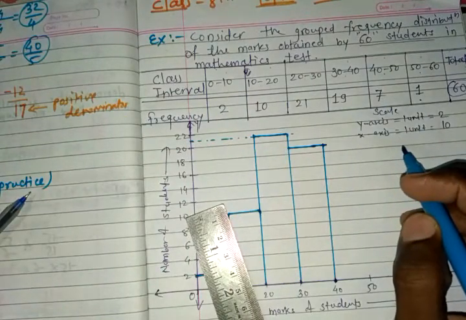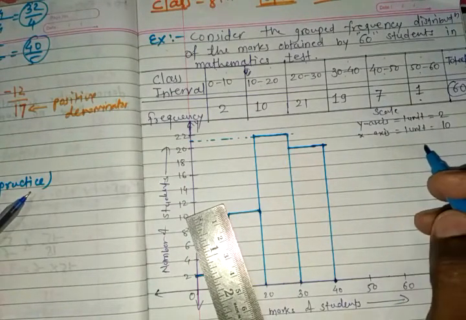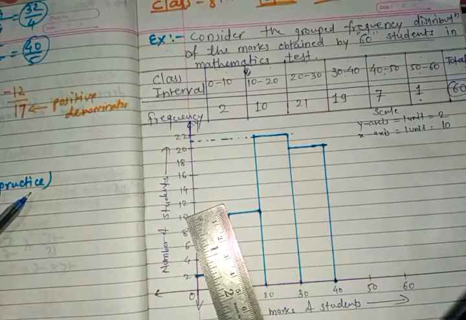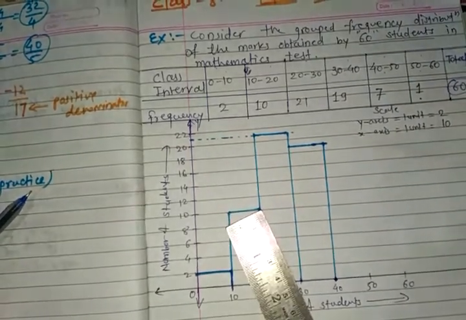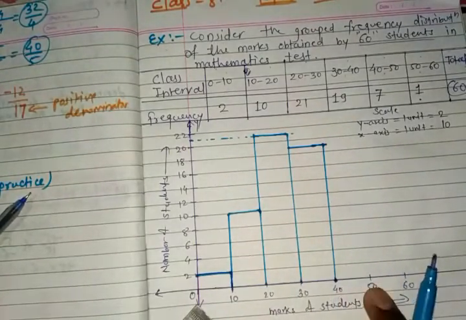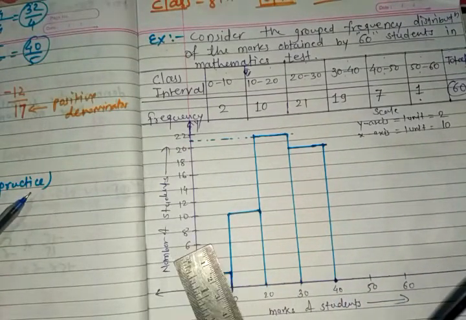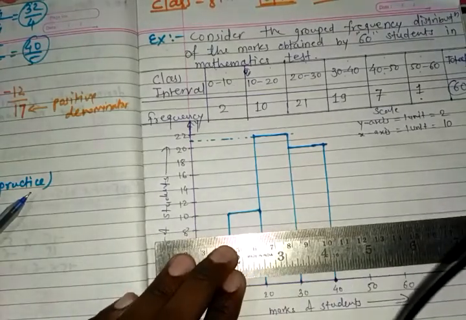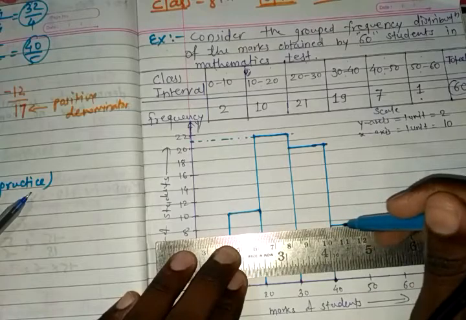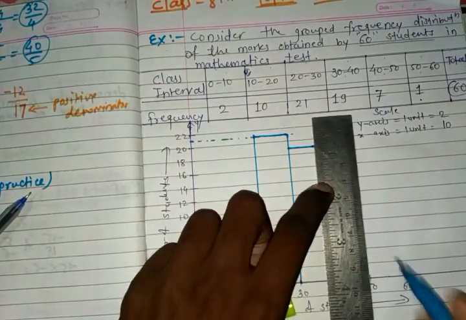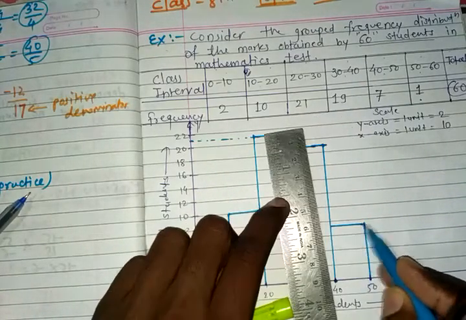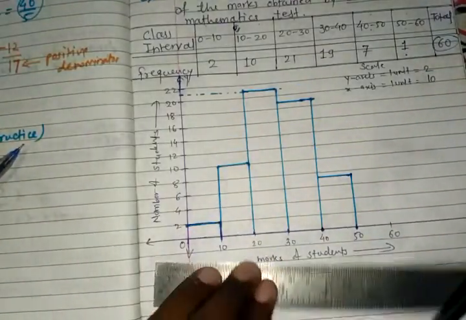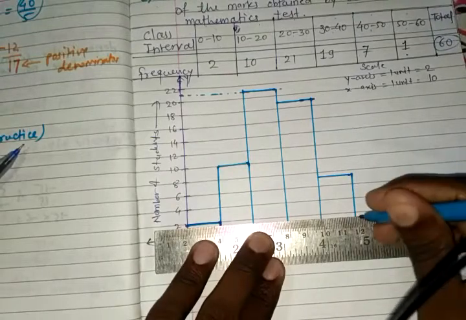That is 19. After that 40 to 50, that is 7. So it is also the middle one. So I will draw this. And the last, 1. So this is 1.